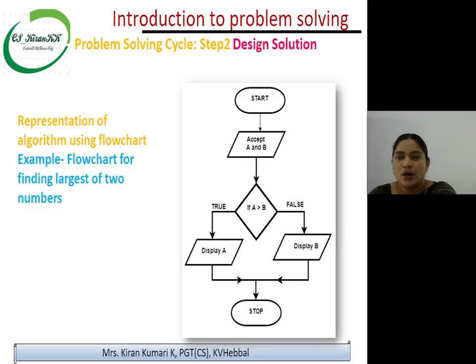We can find arrow marks with specific directions. If it is true, we come to display A statement and then come to stop. If it is false, we come to display B statement and then to the termination point. Is it clear? Whenever terminators are to be indicated, we use an elliptical shape.